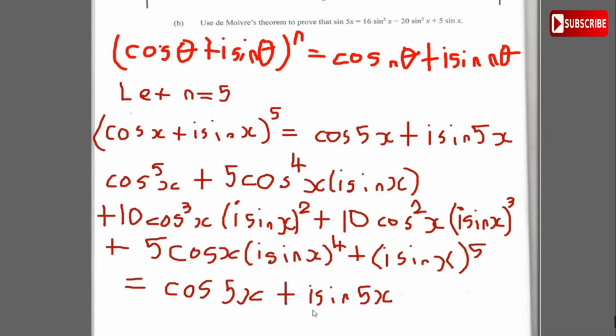Now, we're trying to prove this sin 5x, so we need to equate the imaginary part. Now, this is going to be imaginary because we have i sin x right here. Now, i squared is minus 1, so that's not imaginary. This part will be imaginary, and this part will be imaginary.